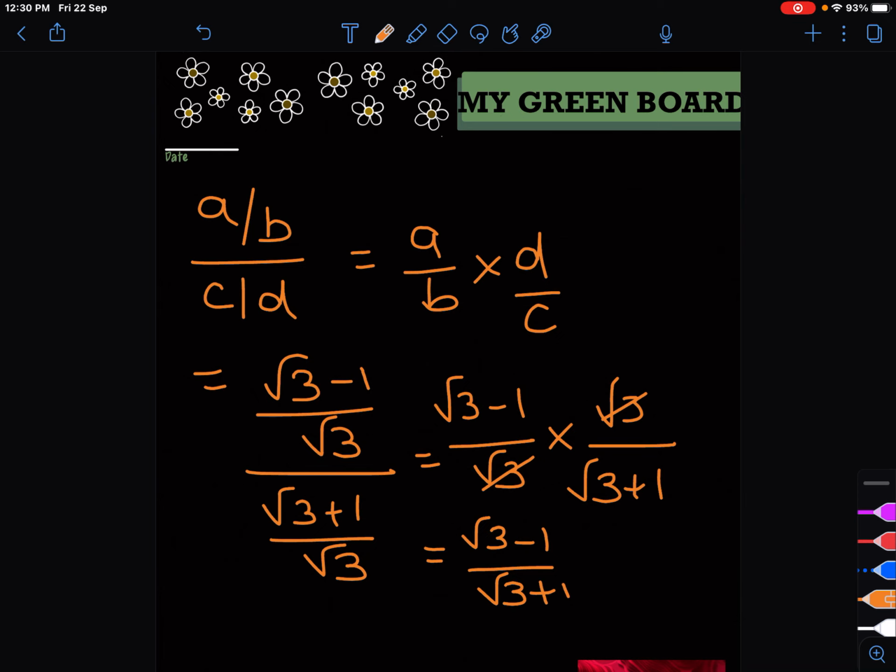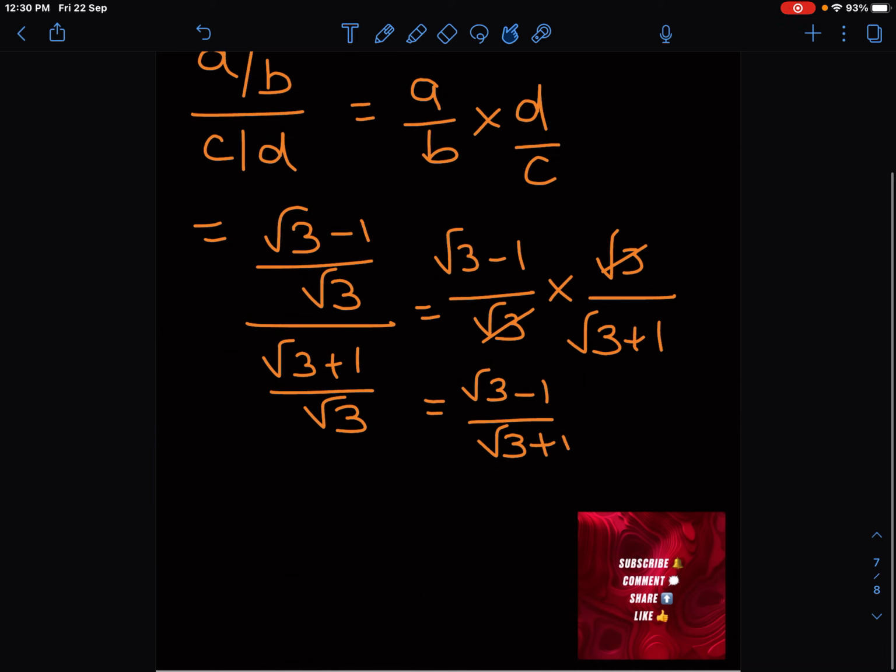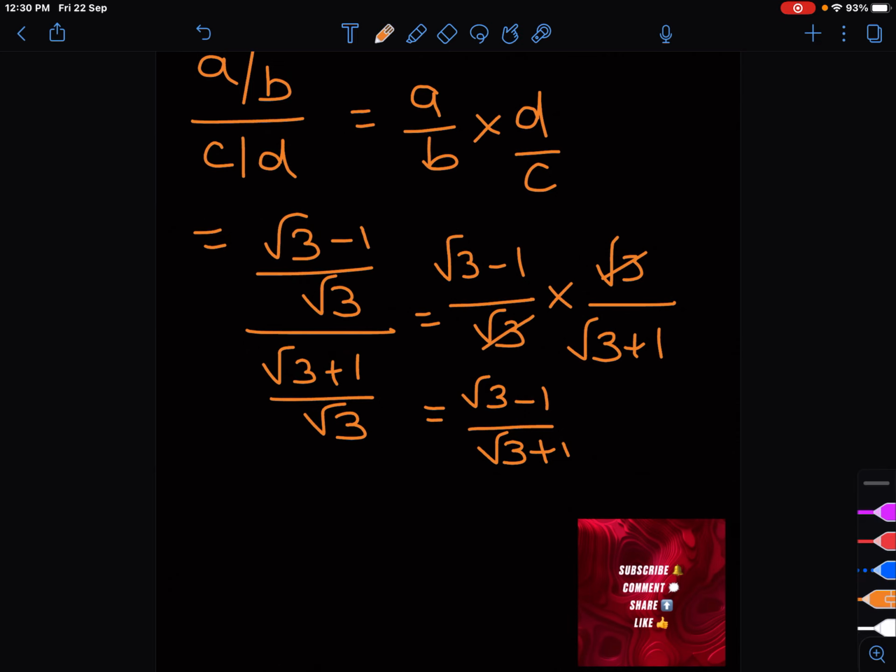This one we can take the conjugate. Now we will be getting root 3 minus 1 by root 3 plus 1 into root 3 minus 1 by root 3 minus 1.